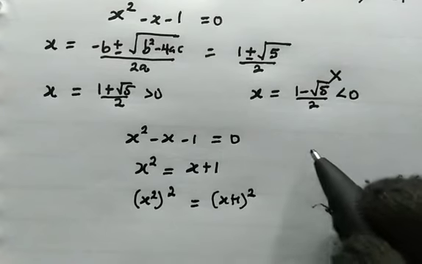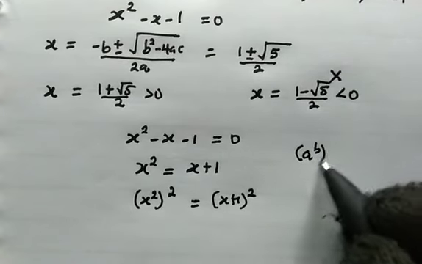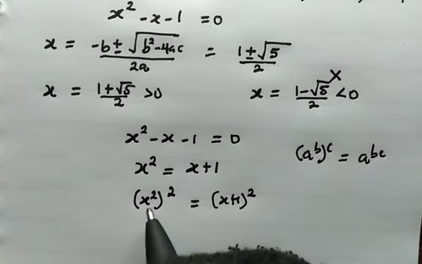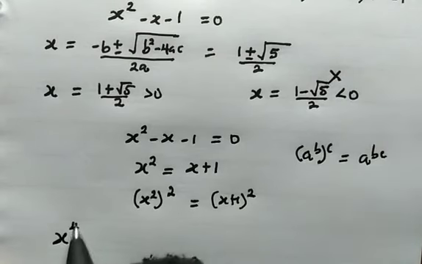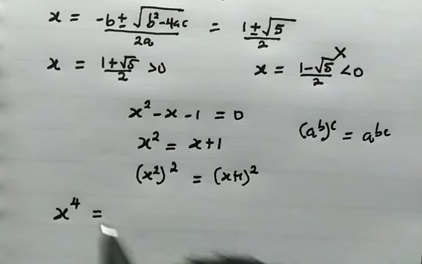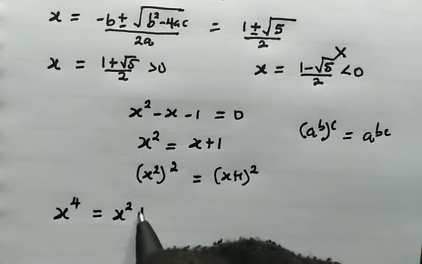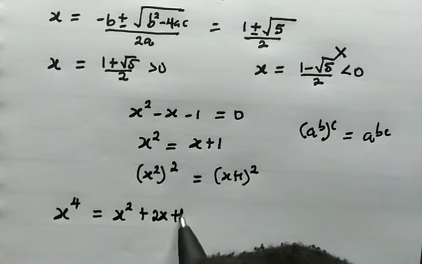Then from here, make use of this property, a to the power of b raised to the power of c is equal to a raised to the power of b times c. So here we have x to the power of 4. This is equal to the expansion of this binomial, which gives us x squared plus 2x plus 1.